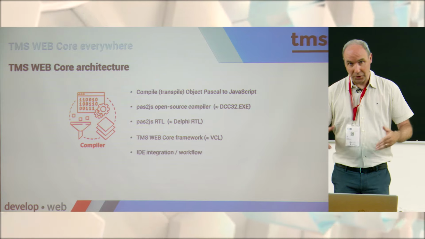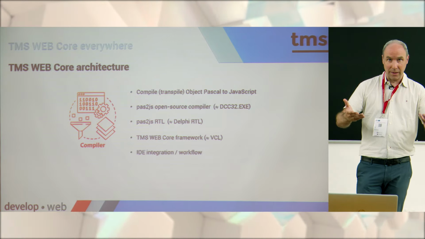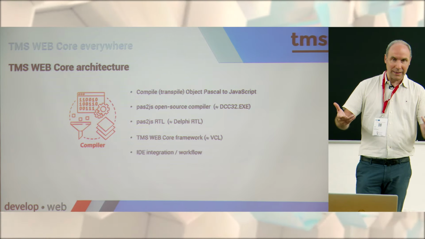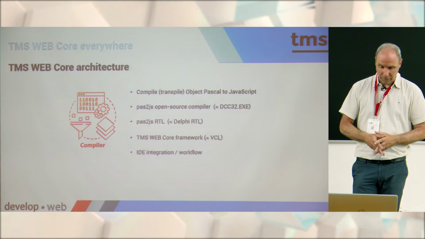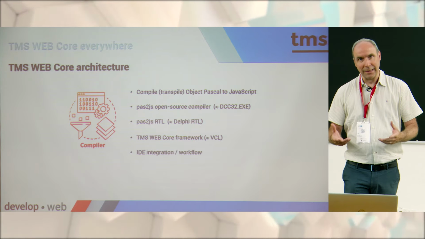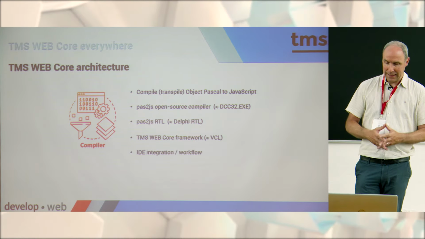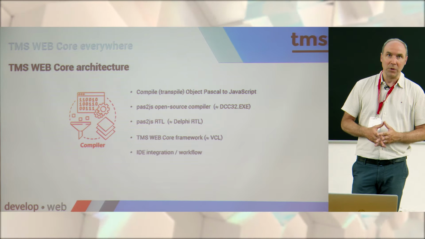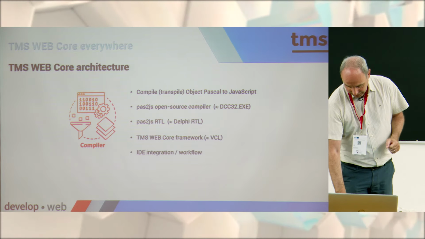And it's on top of this transpiler and the RTL that comes with it that we created the WebCore framework, integrated that in several IDEs, and from there you create the web client application.